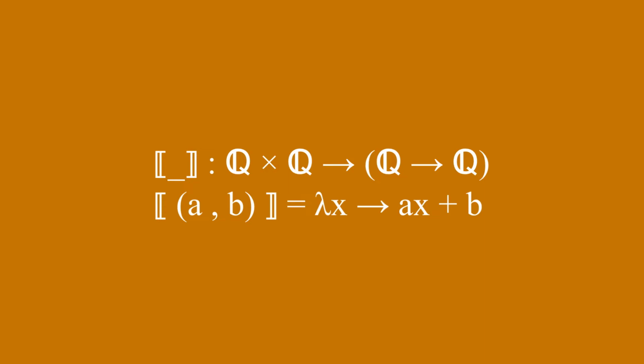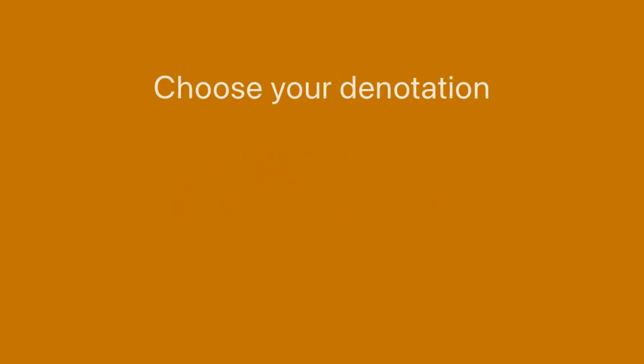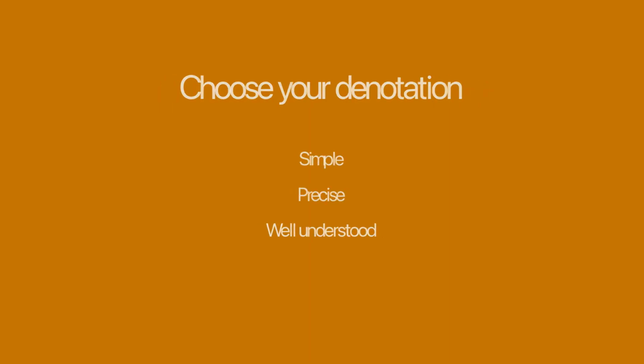Accordingly, in denotational design, the first choice to make is that of the denotation, a mathematical structure with simple, precise, and well-understood properties. The simplicity of the denotation is very important. Without simplicity, we have little chance of understanding its suitability as a model of what we want to implement.